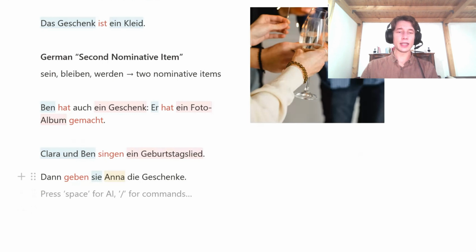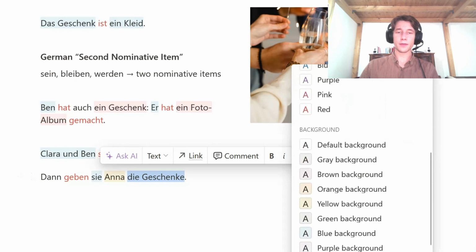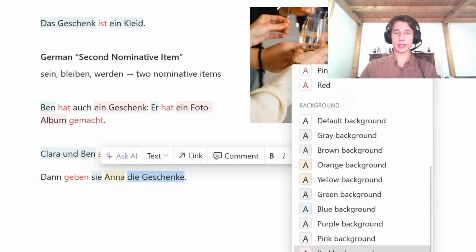And then die Geschenke. Die Geschenke are the things or the thing that is being given. In other words, something is being done to them, or we could also say with them. Die Geschenke, therefore, is the accusative object in this sentence.